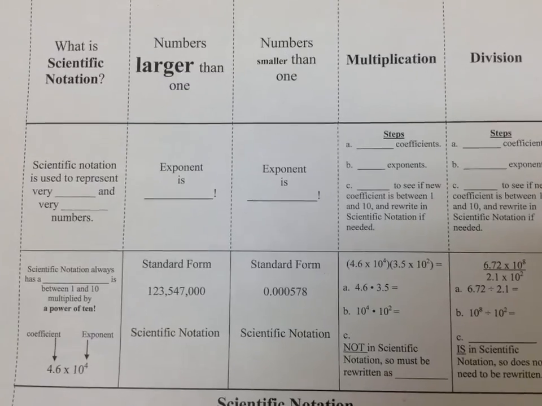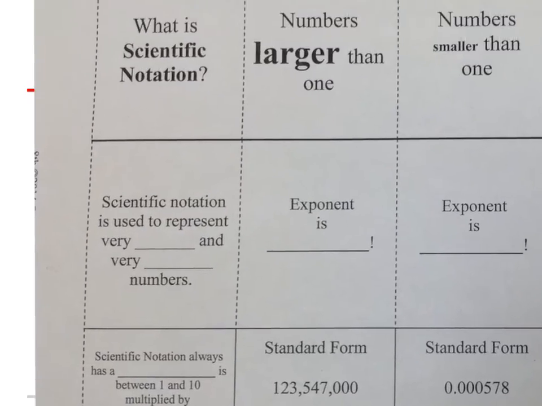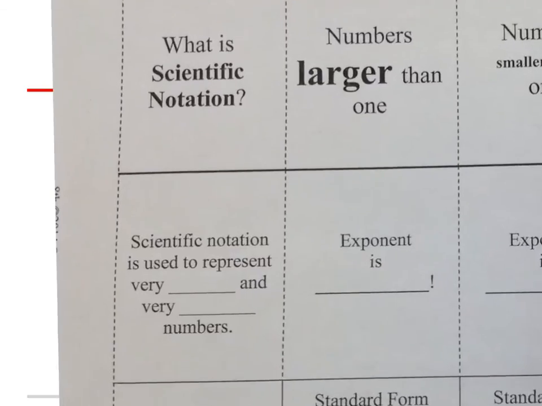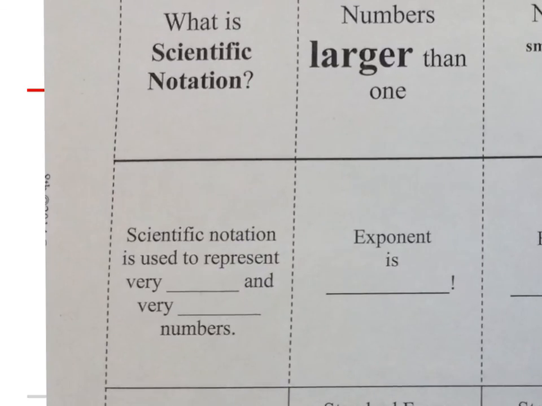If you will open your first section that says what is scientific notation, we're going to fill in the blanks here. Scientific notation is used to represent very large and very small numbers. So in the blanks you're going to write very large and very small numbers. It can help us write a number like the distance from the Earth to the moon.